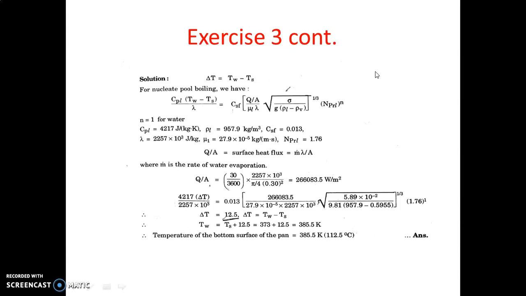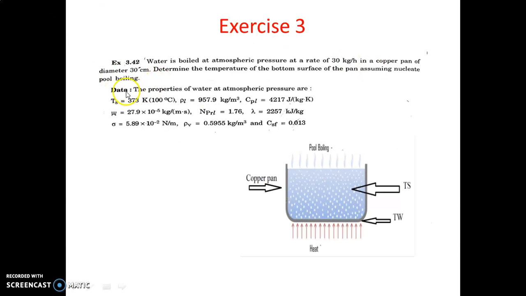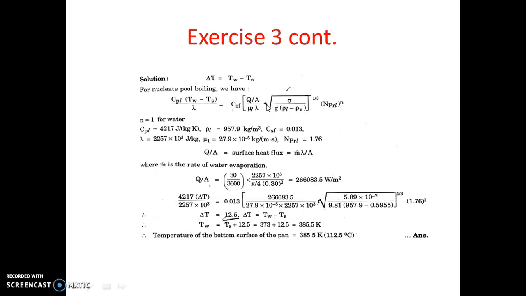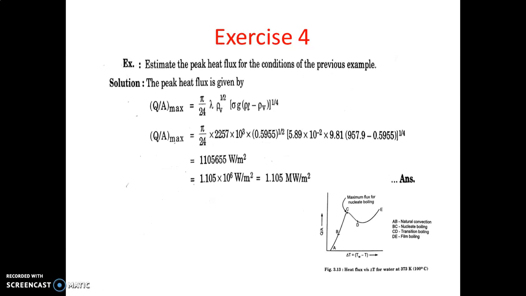The properties of water at atmospheric pressure are given in these conditions. Some parameters are needed in that equation. So use this equation and this data and calculate the critical heat flux for this condition.